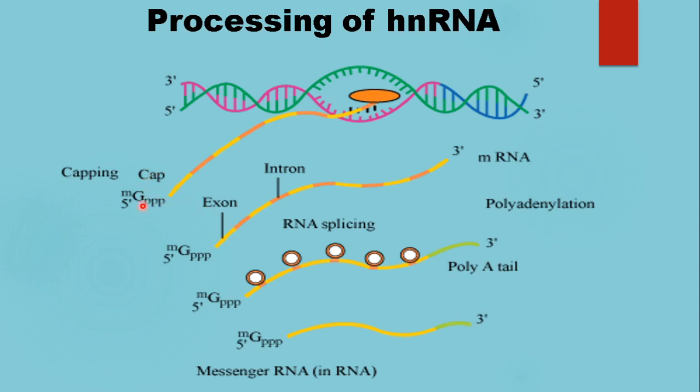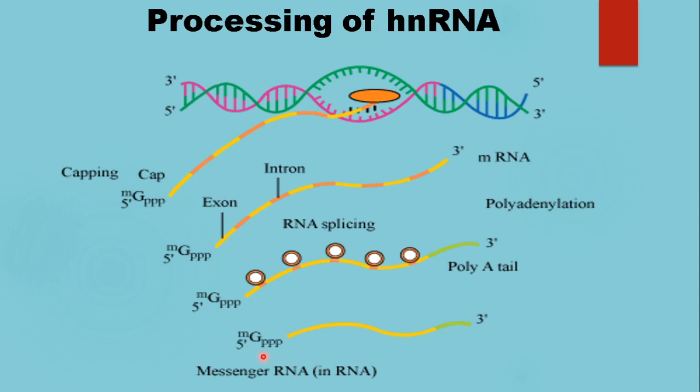At the 5' end, there will be addition of methyl guanosine triphosphate, called capping, and at the tail end there will be addition of poly A tail, which is known as tailing. So the final structure, you will get methyl guanosine triphosphate at the 5' end, only exons, and then we will get the poly A or many adenylate residues at the tail end. So this completes the process of transcription.